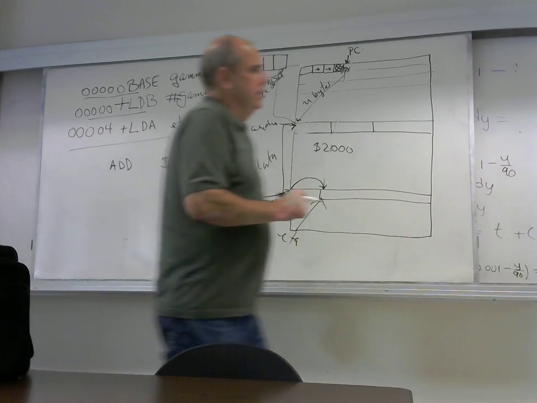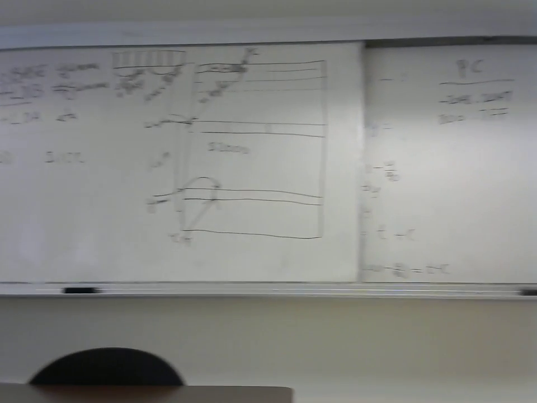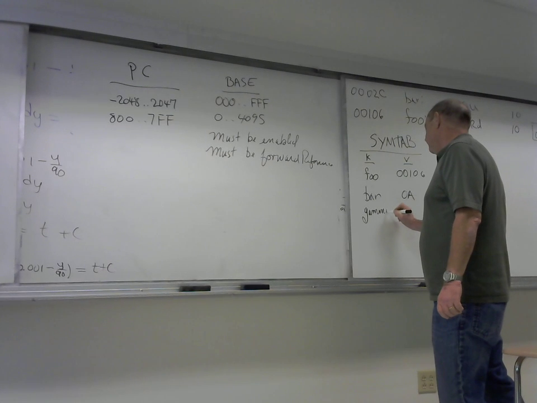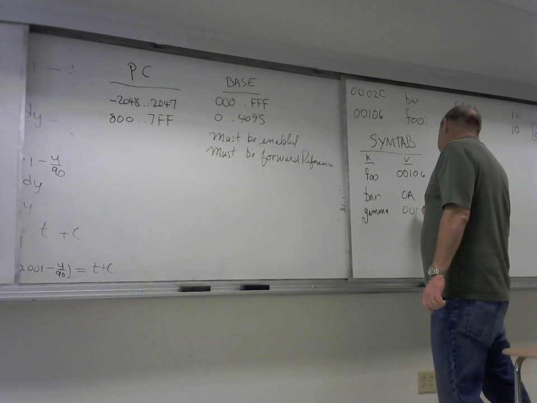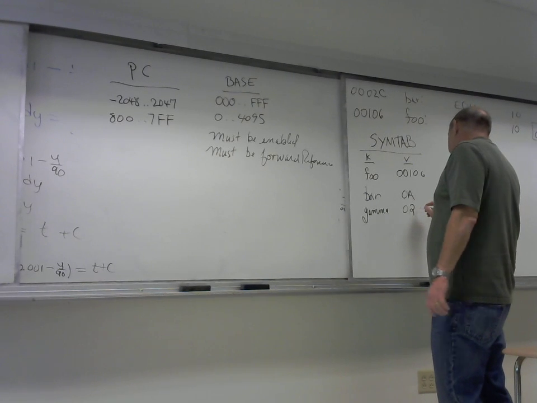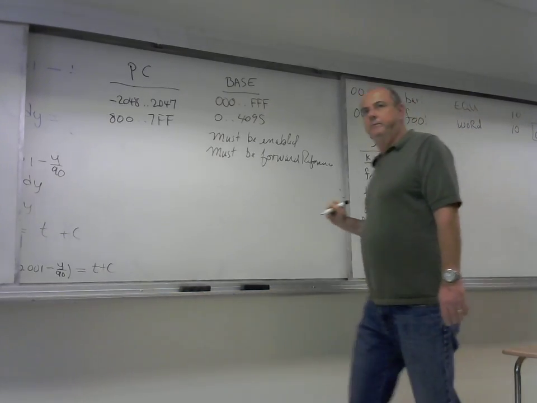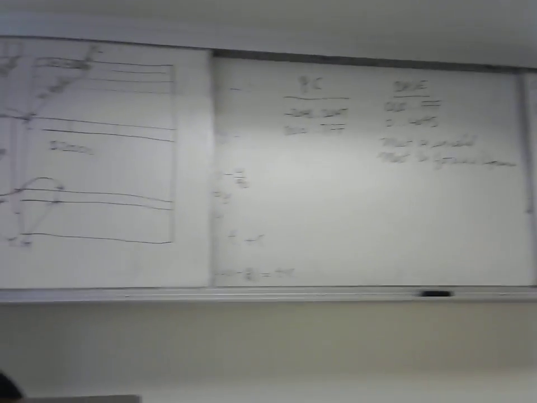So what is this? Well, that would correspond to a value over here of something you'd look up. Maybe you have something like gamma here, and it's got an address. So let's say the address is 0208B. I just made it up. All right. So if that is the address there, then can I say add gamma?